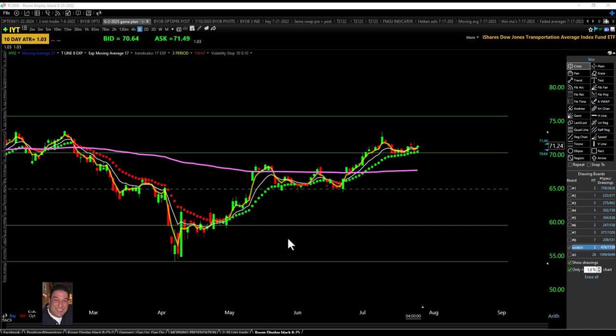If you see me point out a 10-minute uptrend on my SPY, 99% of the time it will be a 10-minute uptrend in your futures chart, just like mine on SPY. If you ever want to put them side by side, you'll see they're almost identical most of the time.